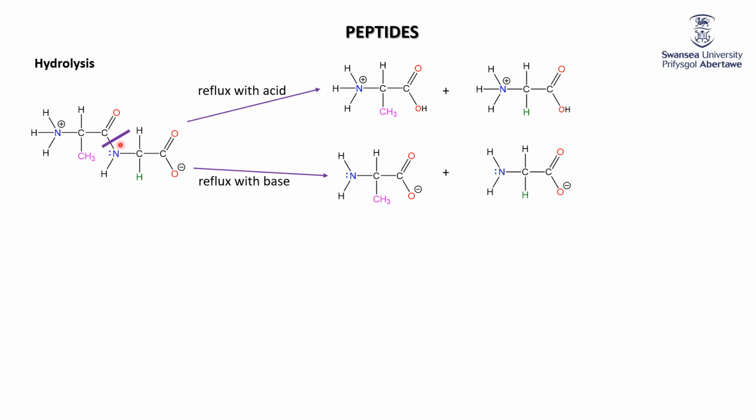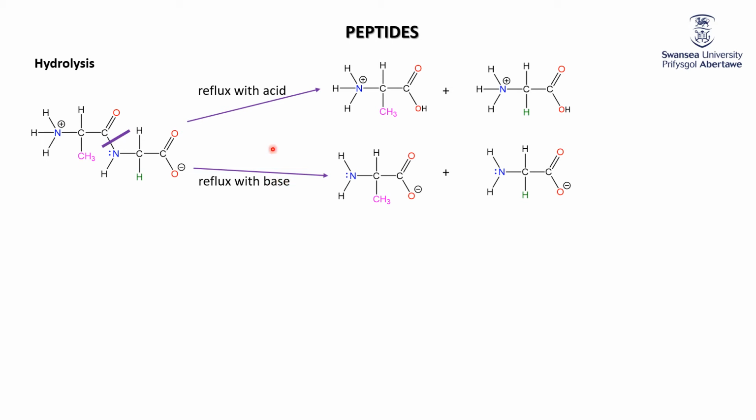When we cleave here, we'll make the amine, which stays in the amine base form. So we can cleave our peptides quite happily, refluxing with acid or with base, and this is an important analytical technique, if you like, something that's very important to be able to do when you want to study exactly what type of amino acids you have in a longer peptide.